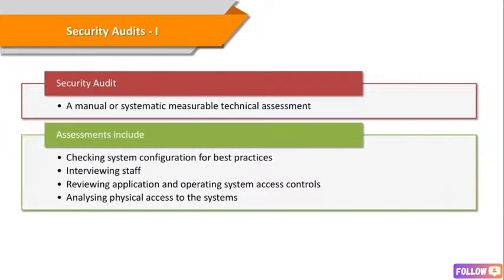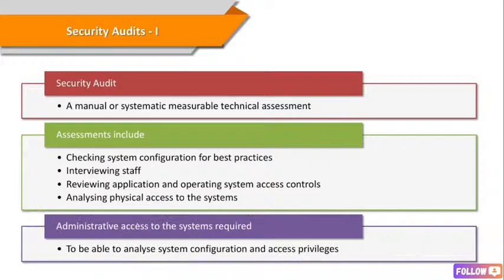Security audit assessments include performing security vulnerability scans for best practices, interviewing staff to understand the level of information security awareness, reviewing the access controls of the applications and operating systems, and analyzing the physical access to the systems. An important point to take into consideration is, in order to be able to get the most accurate results, we should perform the security audits with admin privileges.